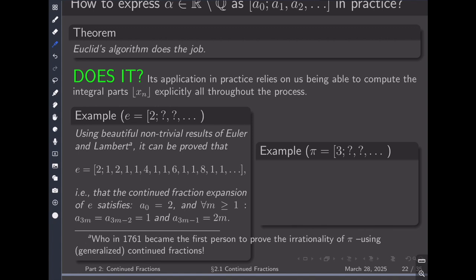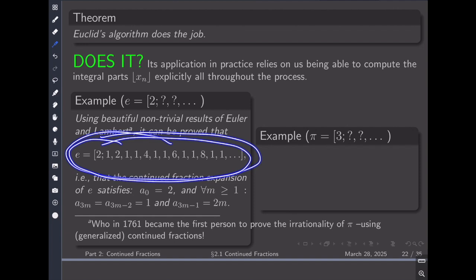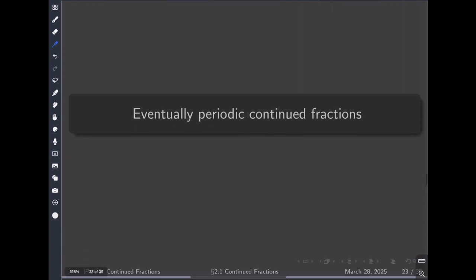For e, it's already a theorem. Rationals are the new integers, right? Because rationals are the finite continued fractions.